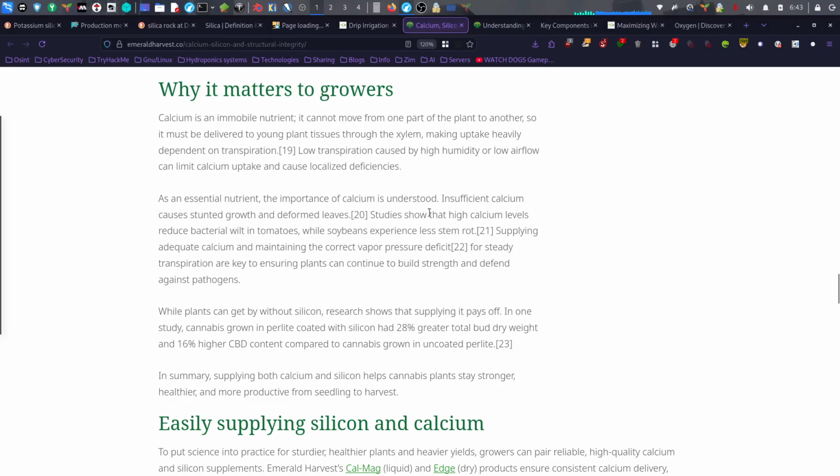Studies show that high calcium levels reduce bacterial wilt in tomatoes, while soybeans experience less stem rot.